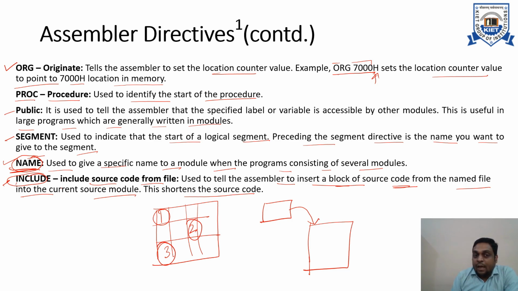It is similar to the preprocessor directive we use in C or C++, where we can use #include. This is that directive only that includes the pre-written program into the current program. If we use include, then this shortens the source code because this code need not be rewritten here. Just by writing this directive include, we can incorporate this particular earlier program into our current program.